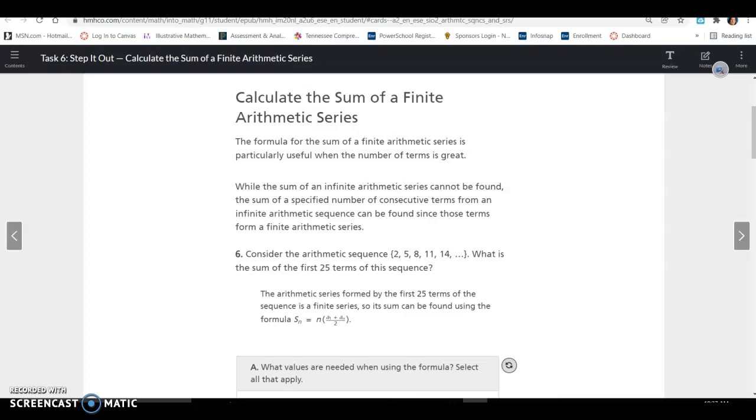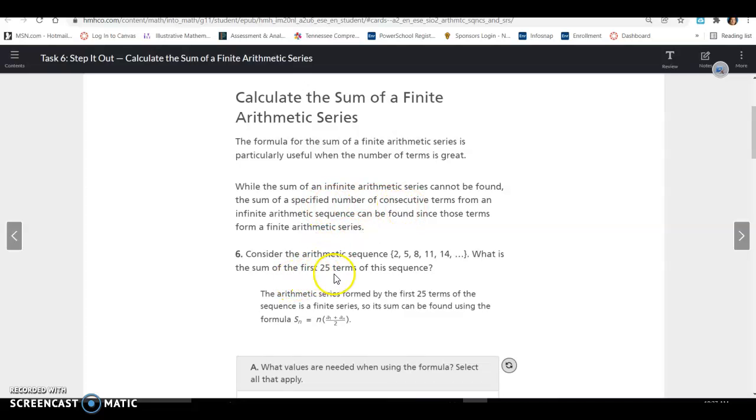Consider the arithmetic sequence 2, 5, 8, 11, 14, and then dot dot dot, which means it's infinite. What is the sum of the first 25 terms? And again, even though we can't find the sum of an infinite series, we can find the sum of a specific number.